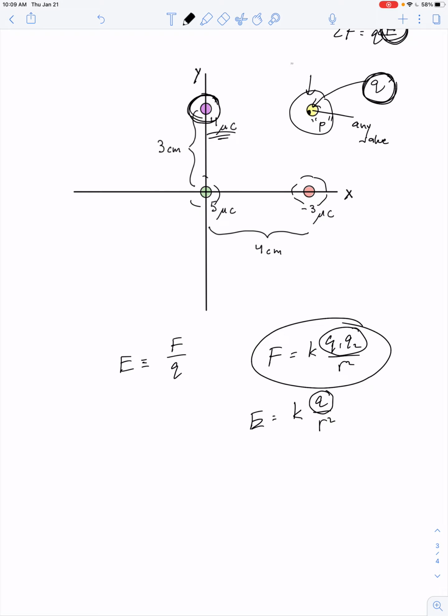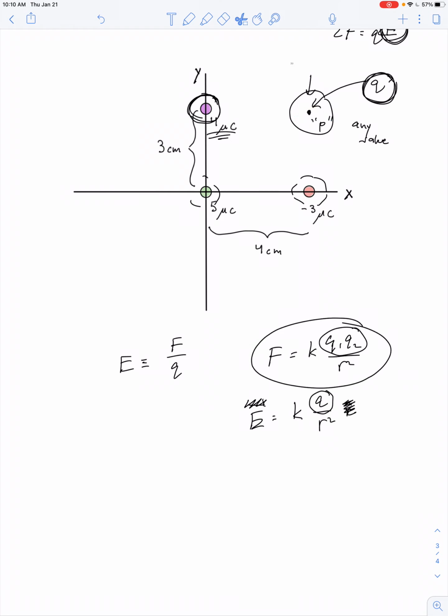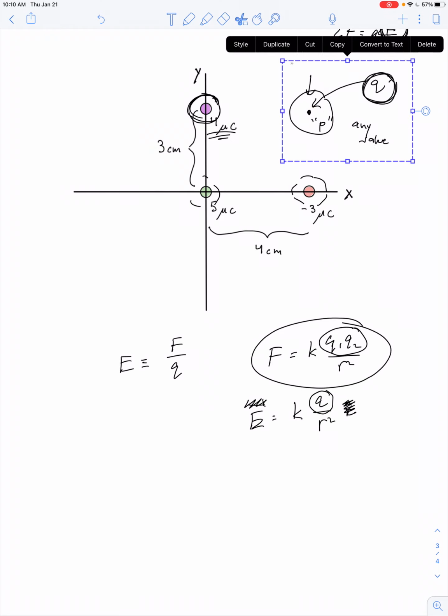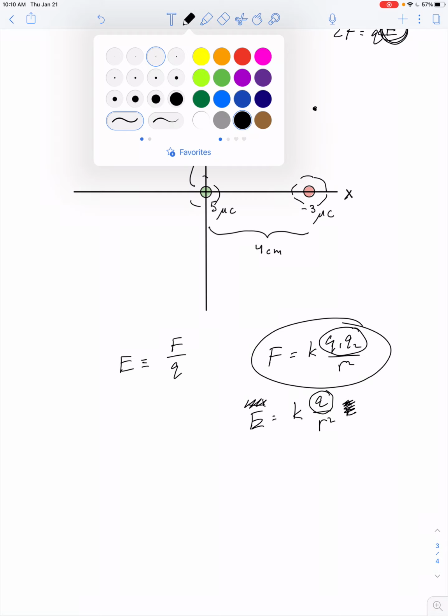All right? If I want this to be a vector statement, then I can put the vector symbol over the E and include an R hat in the end of the equation. But we're just going to concern ourselves once again with magnitudes, and we'll show the field as a vector quantity in a diagram. So if I get rid of the charge here, at this point in space, there are 3 electric field components.